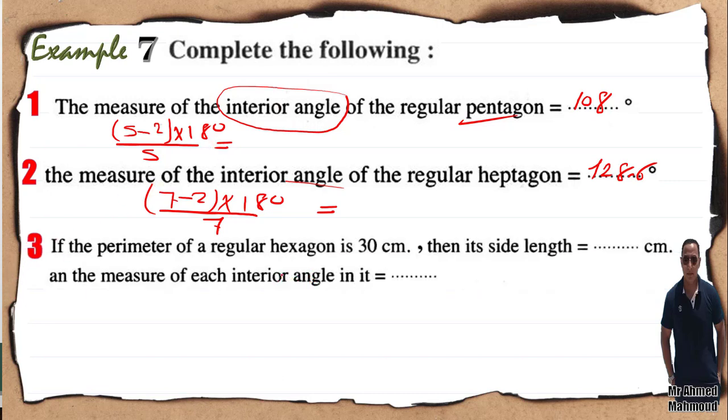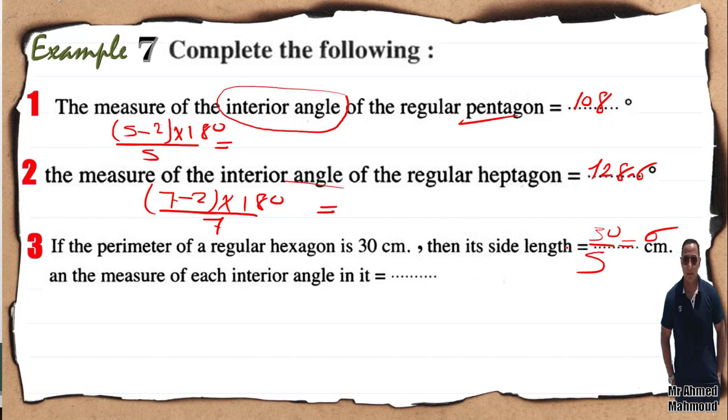If the perimeter of a hexagon is 30, then the side equals the perimeter, 30, and it has 6 sides, so each side equals 30 over 6, equal to 5 centimeters.